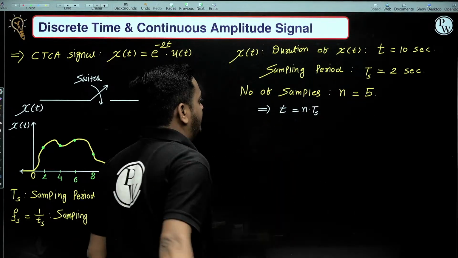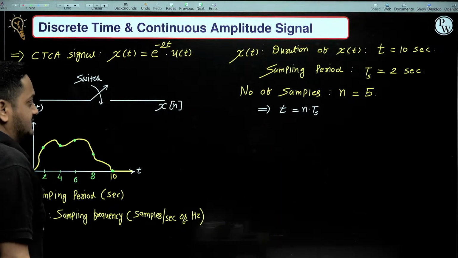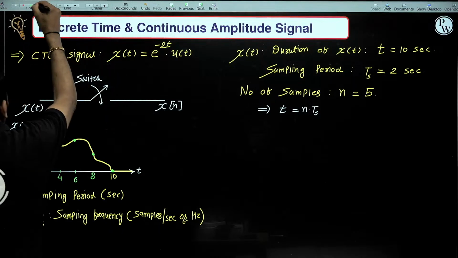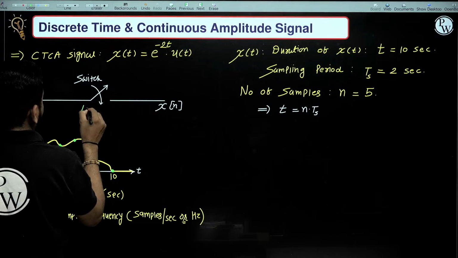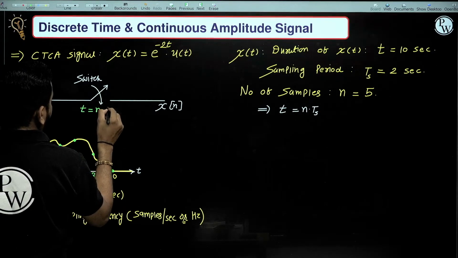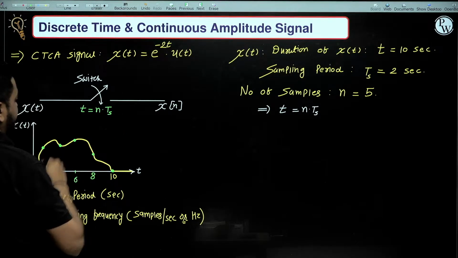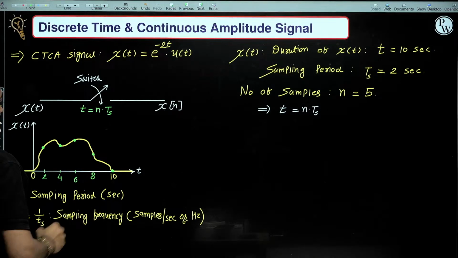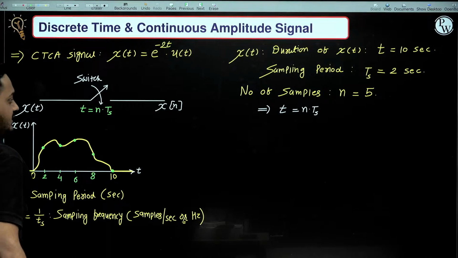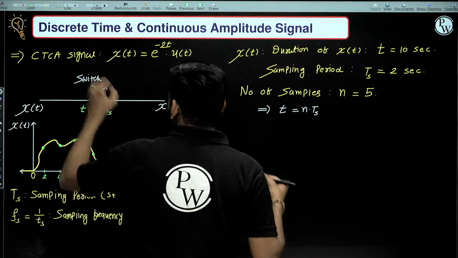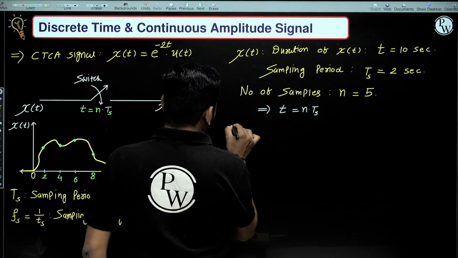So t equal to nTs. You have to replace t with n into Ts, where Ts is the sampling period, which will be given in the question, and n is the number of samples, which is only an integer.